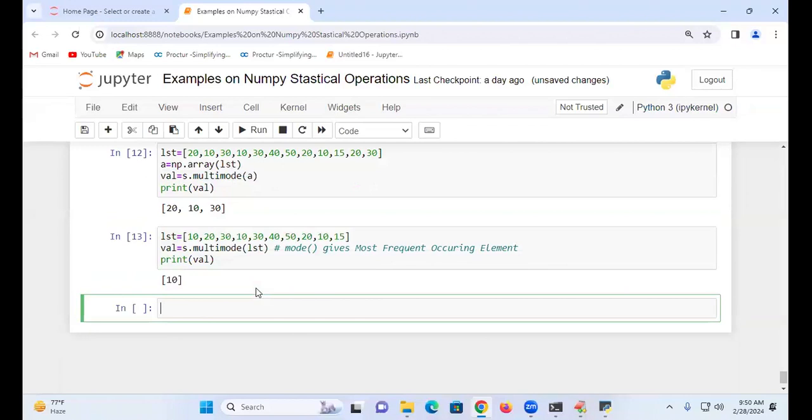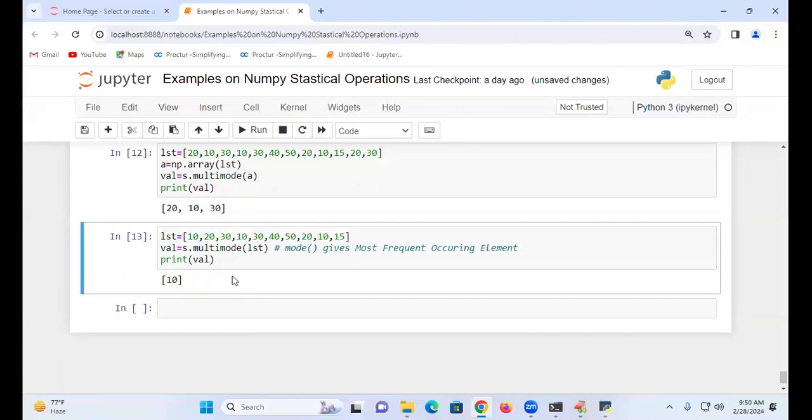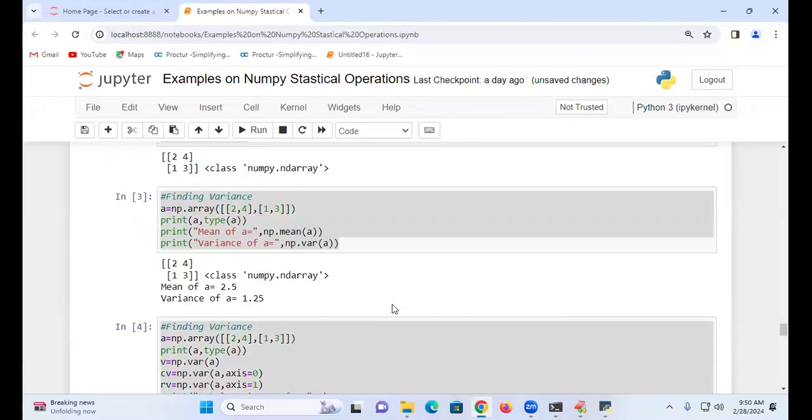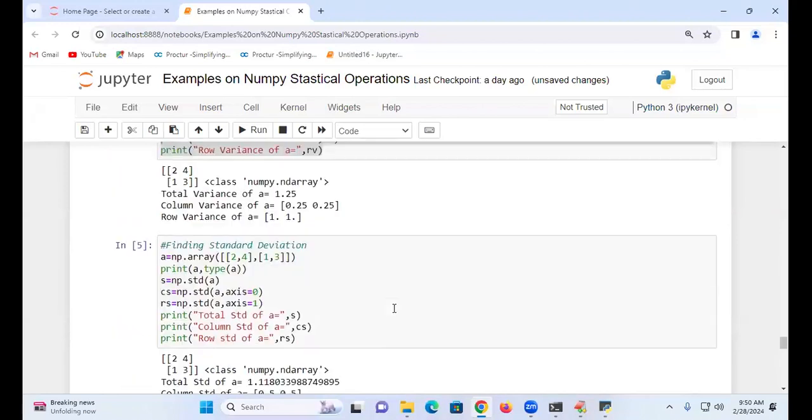Multi-mode will give you a list. Scalar means a single value. Easy. So with multi-mode, if only one frequent element, that only will come. If more elements are there, multi-mode will give a list. Okay now? Fine. So now I will move further.